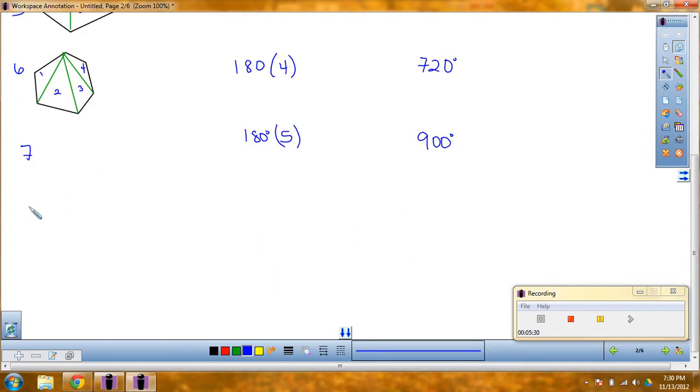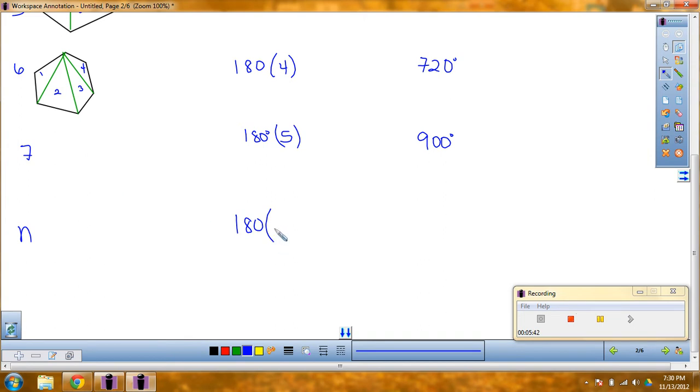What about if we have a figure with n sides? Well, we're noticing that we're multiplying 180 degrees times the number of triangles that we have. Now, how are we getting this number of triangles? Well, we started with 7 sides and we ended up with 5 triangles. We have 6 sides and we ended up with 4 triangles.